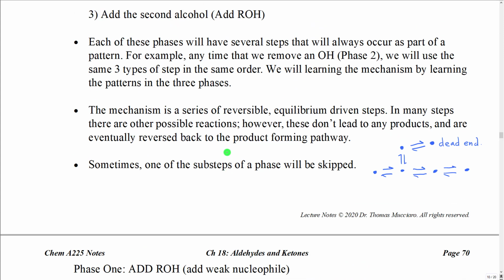The other thing that is interesting about these heteroatom exchange reactions is that they are generally composed of reversible, equilibrium-driven steps. So we're generally going to be writing these with these two opposing equilibrium arrows.